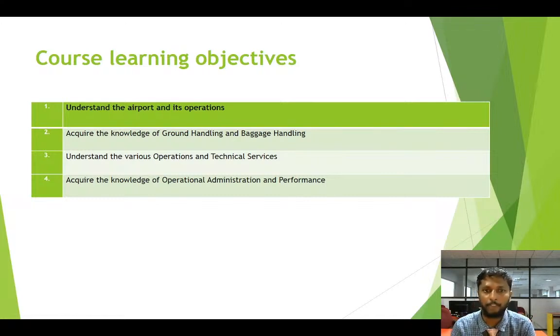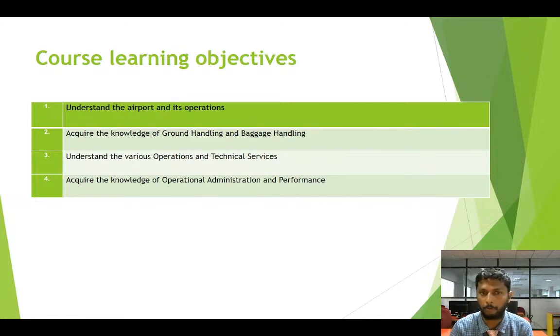You will understand the various operations and technical services, and you will know the administrative and key performance indices of the overall airport operations, based upon the different departments like ATC (air traffic control), ground handling, terminals, hangars, AME, fuel station, everywhere.